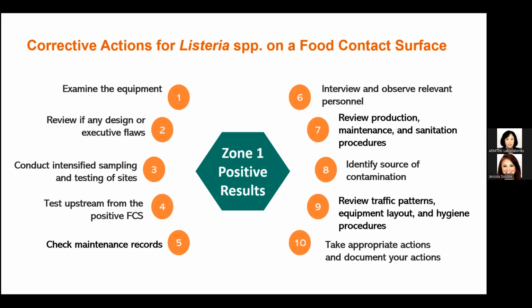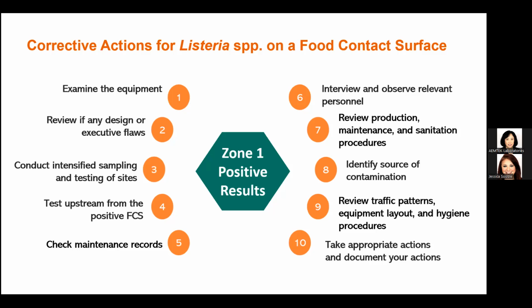Many times this is an important part of the investigation. You want to find out if any deviation was made during the sanitation process. And review production, maintenance, and sanitation procedures to determine if there are any problems or modifications that promoted insanitary conditions.